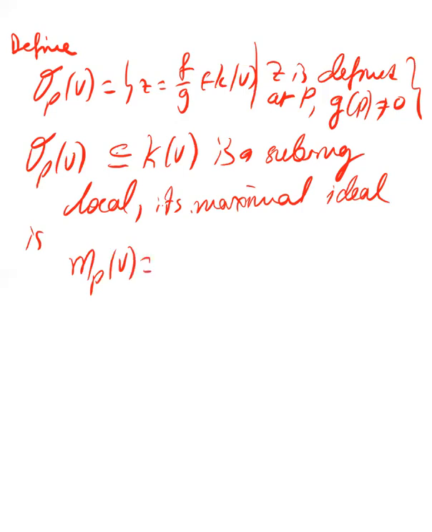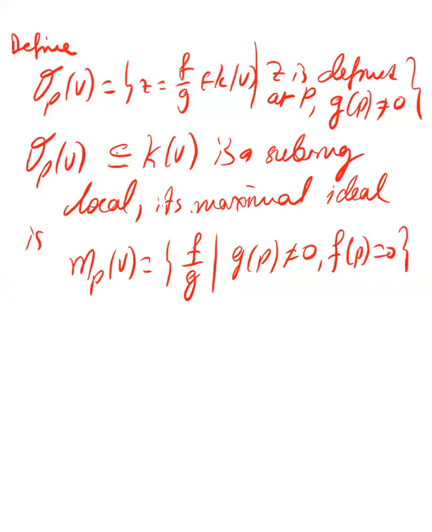It is the f over g such that g of P is not 0, but since f of P is 0, it is not invertible.